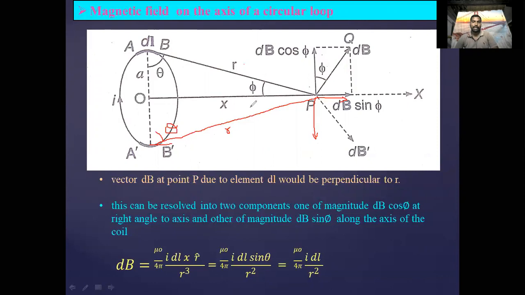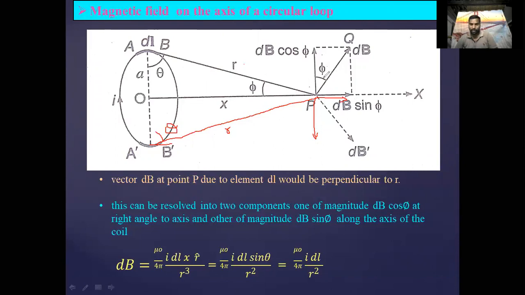Here theta is 90 degrees because dl is perpendicular to the r value, so sin 90 is equal to 1. That's why dB is equal to mu naught by 4 pi I dl by r square.